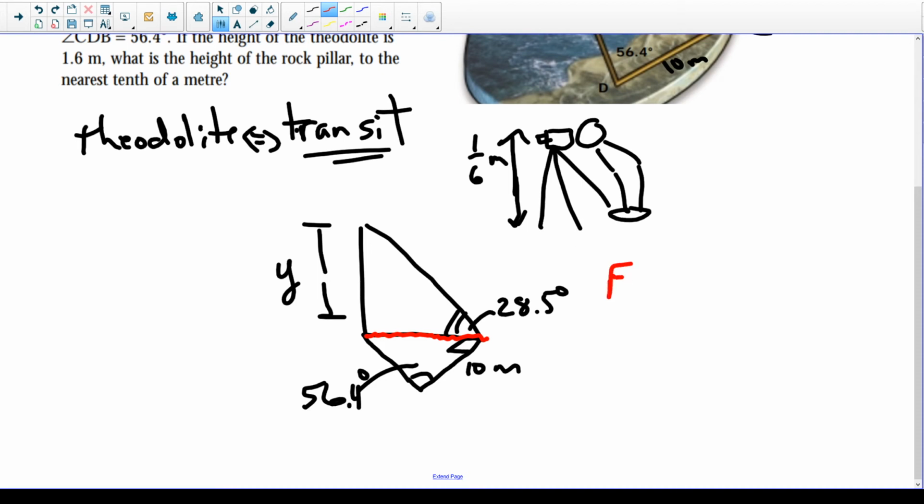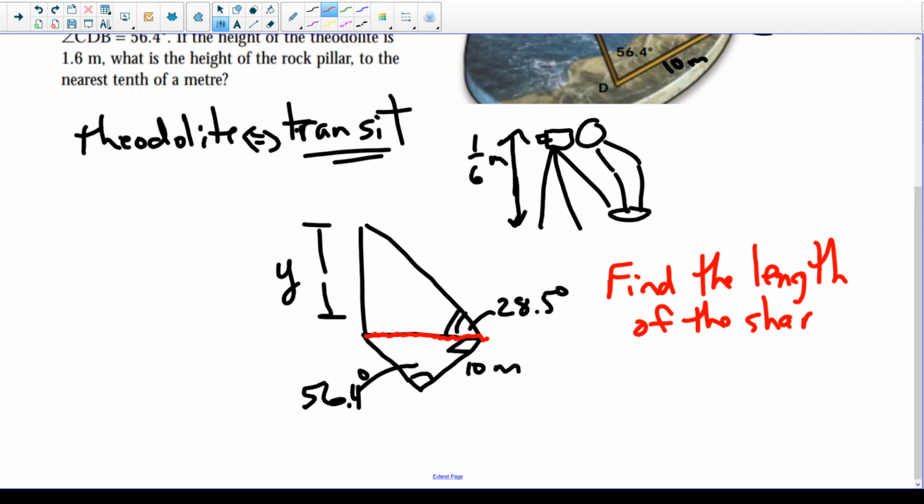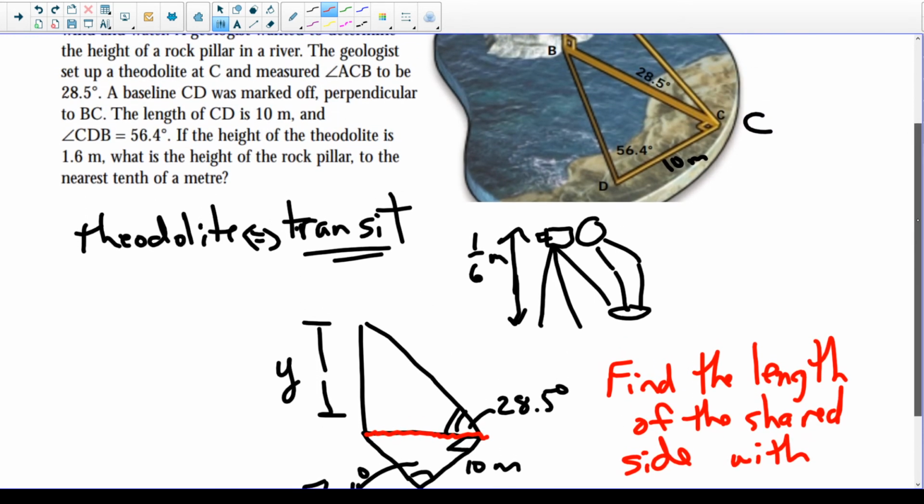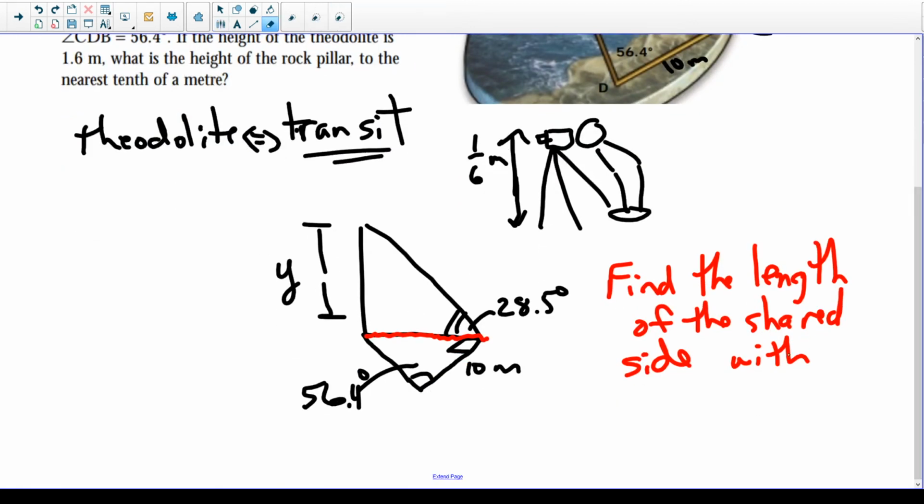Okay, so find the length of the shared side in triangle BCD. This is how you write triangle, actually it should be BCD if I follow alphabetical order, okay?